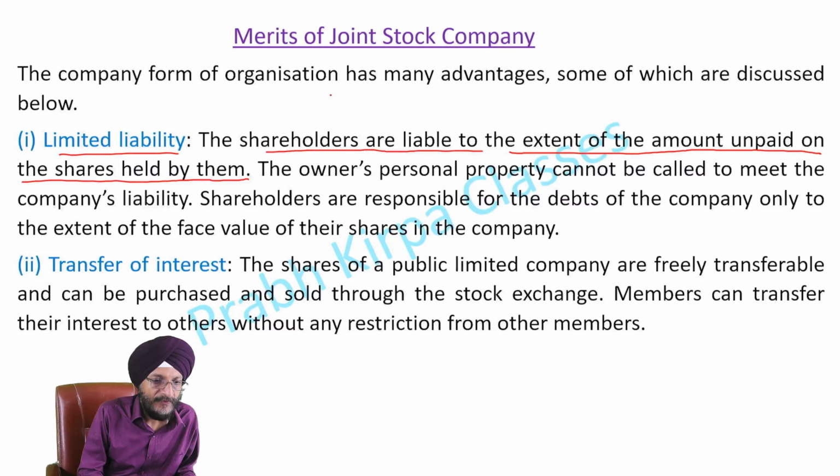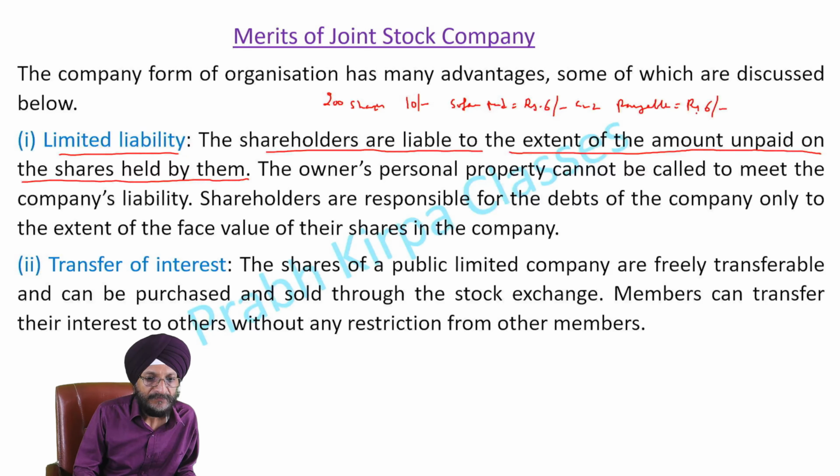As already told, if we are having 200 shares of a company and the face value of the share is rupees 10 and we have so far paid only rupees 6, and the balance amount payable per share by us is rupees 4, then in case of default of the company or in case of the winding up of the company, the shareholder is liable to pay the balance amount of rupees 4 which is unpaid, being the amount which is payable on the shares held by him.